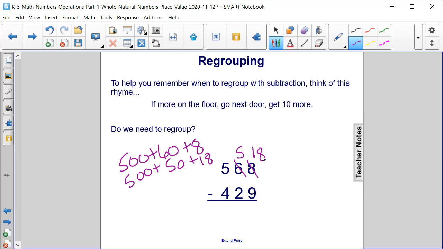And now we can do 18 minus 9, and we end up getting 9. And then we can continue subtracting in each column. 5 minus 2 is 3, and 5 minus 4 is 1. So 568 minus 429 is 139.